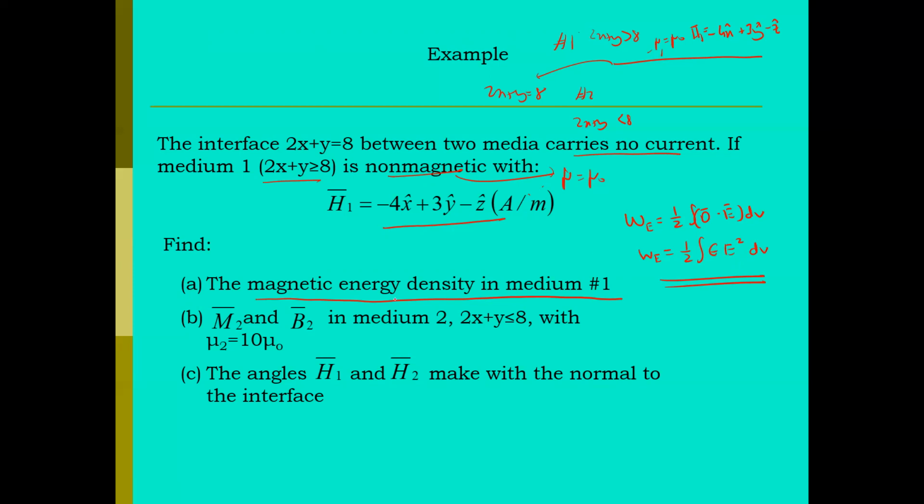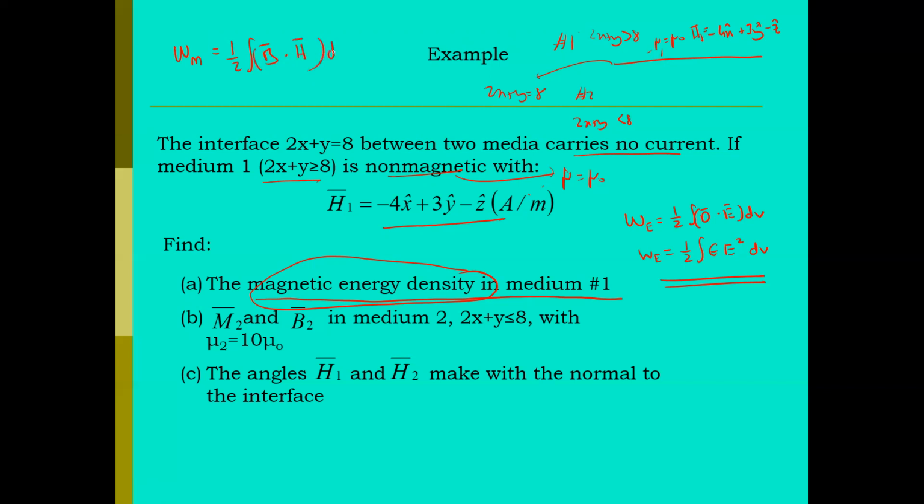Similarly, for the magnetic energy, the equation to be used in calculating W_m is almost the same. We just change from D to B, the magnetic flux density, and the E field is changed into H, the magnetic field intensity.